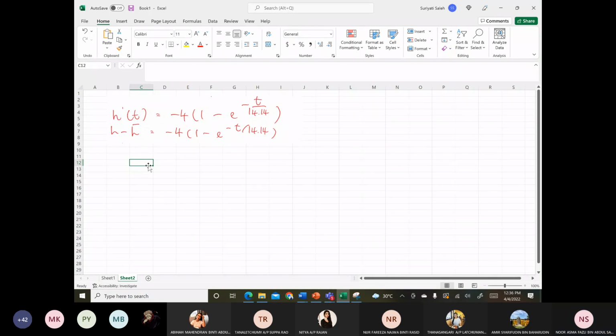So in this case, h minus h bar, and then this is my t. I put t equal to 0. H minus h bar equal to -4, multiplied by 1 minus exponent of negative t over 14.14.